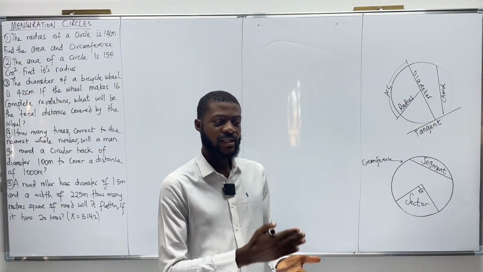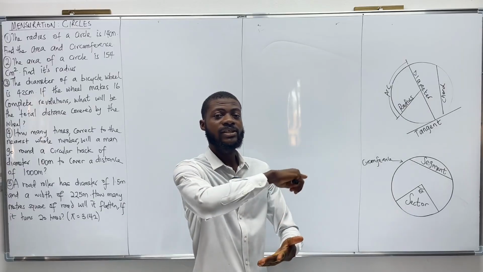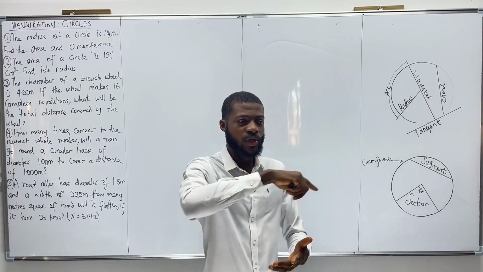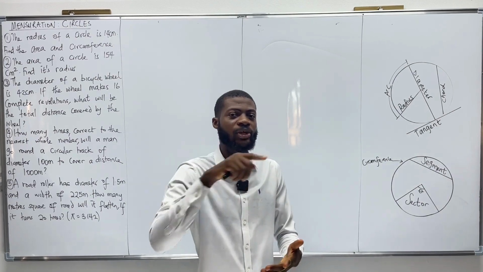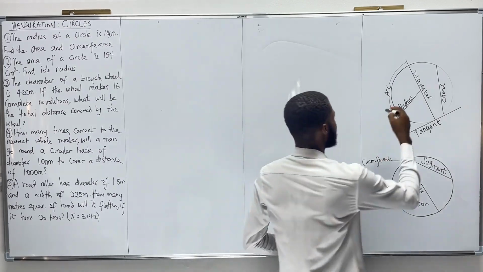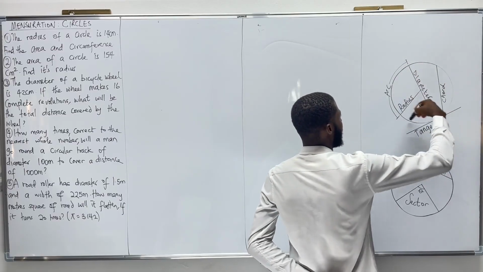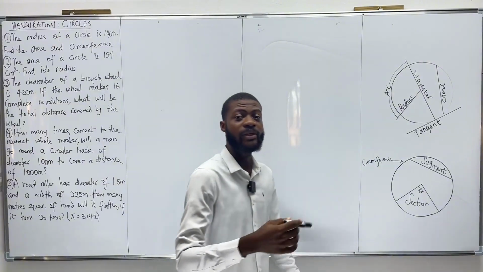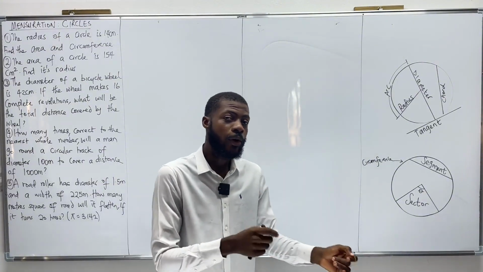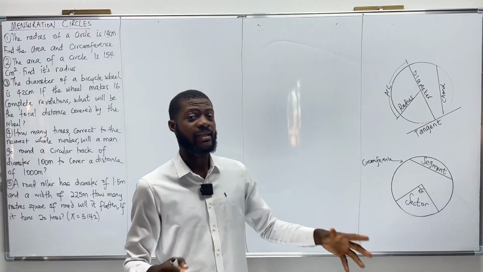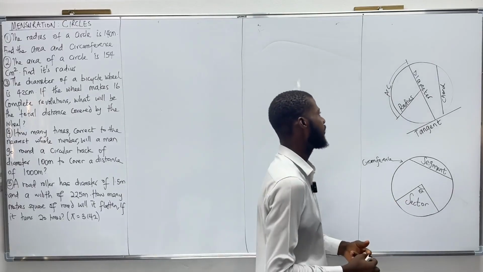Circumference is basically the sum of the external length, or the length of the external path making up the shape. If you take the distance around that circle, you have found the perimeter or the circumference of that circle. So perimeter and circumference mean the same thing.